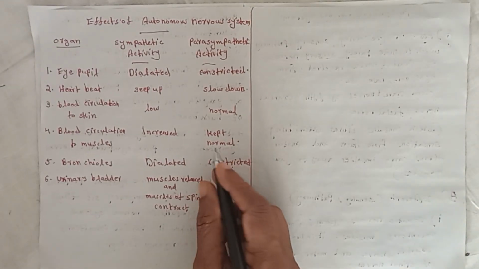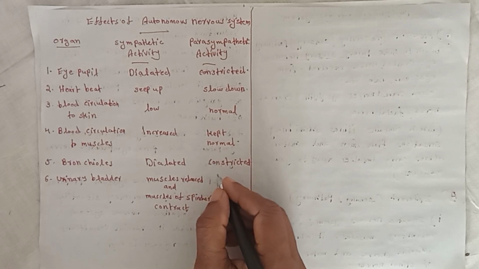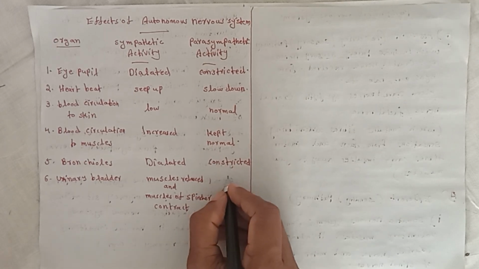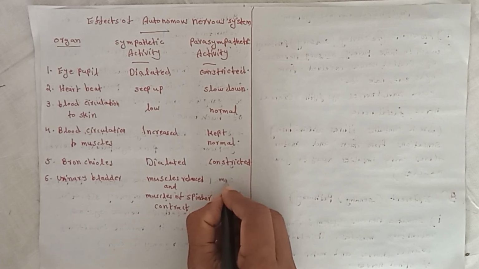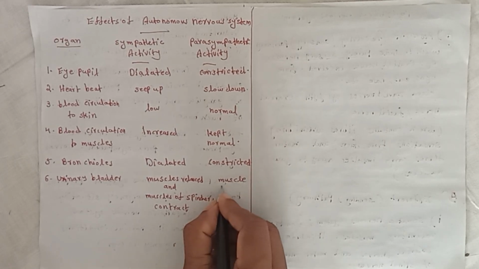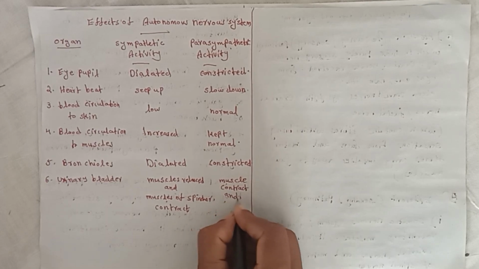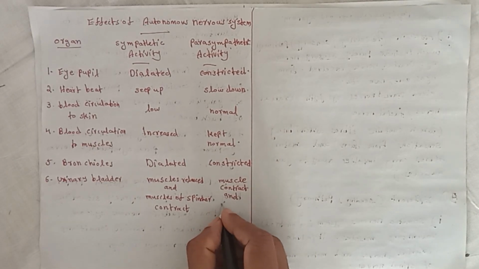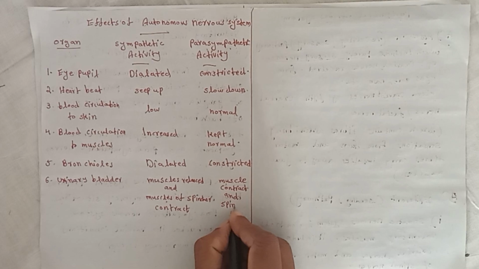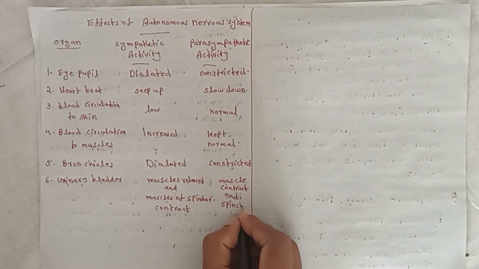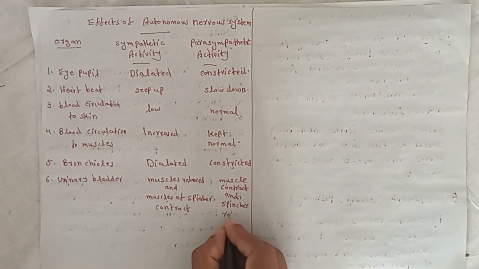Then at the time of parasympathetic activity, the urinary bladder muscles contract and the sphincter relaxes. The sphincter is seen at the basal part of the urinary bladder.